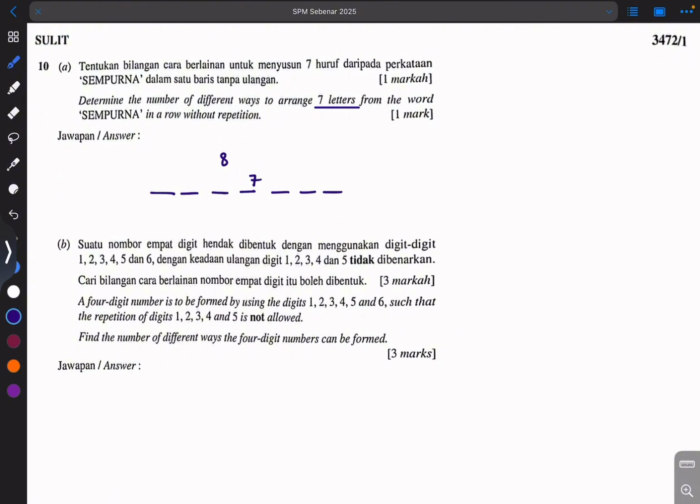But since here arrangement matters, we choose P. If arrangement doesn't matter, then we choose C. Here arrangement matters because the way you arrange the words will make a different word. Let's say you put N-A-M here, or you put M-A-N here, they will be completely different words. So the arrangement does matter. So it's just 8P7.